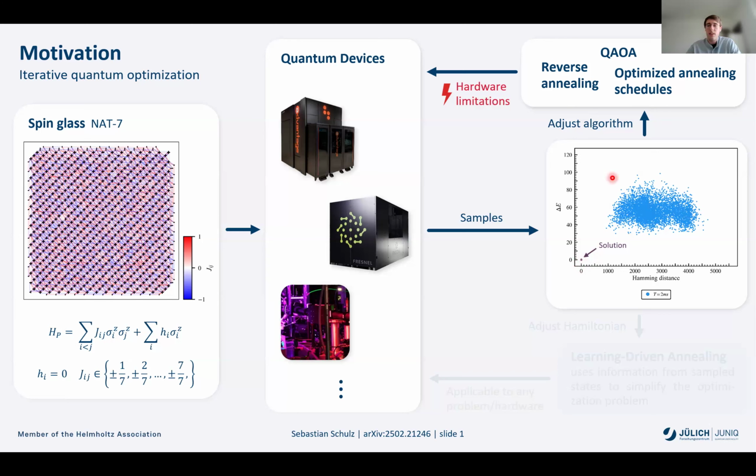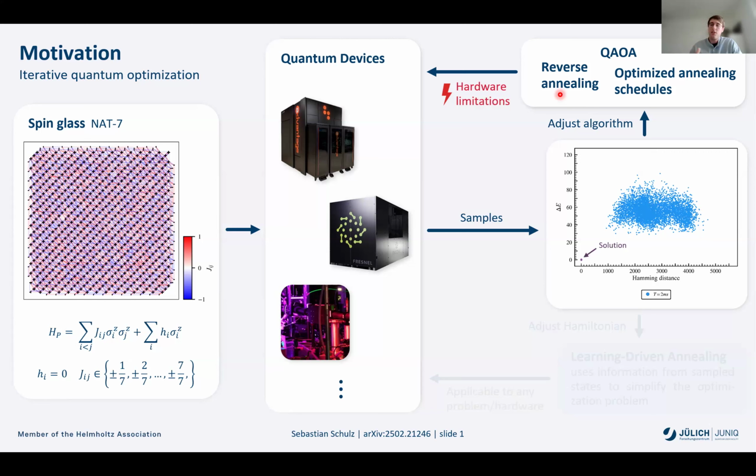state here. Another approach is something like reverse annealing or cyclic annealing, where we start from a very good initial guess, and the hope is that we can initiate this annealing process from this initial state in order to reach somehow lower energy states. I will later show you some benchmarking results on reverse annealing and cyclic annealing, but it turns out that these strategies are heavily limited by the thermal temperature, so the effective temperature of the chip.